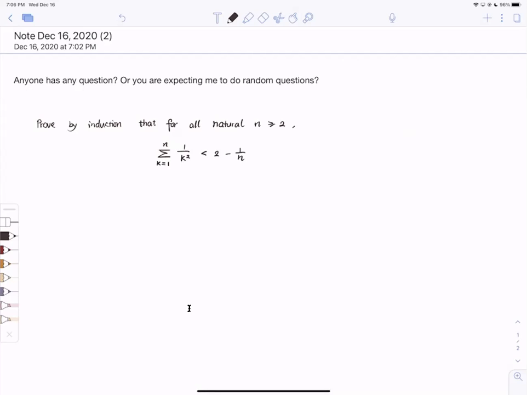Okay, so this is an induction question, and it involves inequality and also a sigma notation.